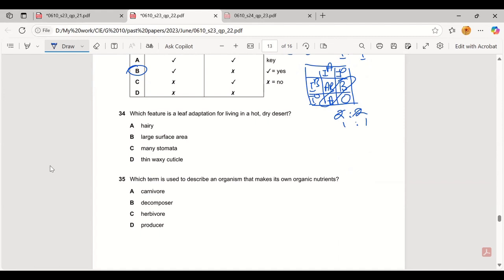Hala. A. Yes. Which term is used to describe an organism that makes its own organic nutrients? Maram. Producer. Yes.